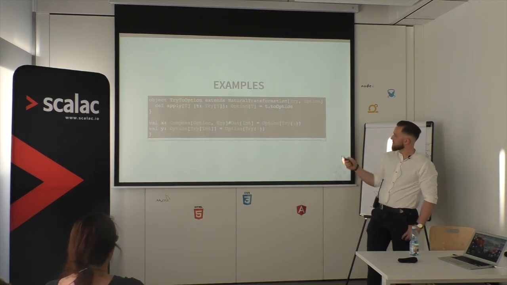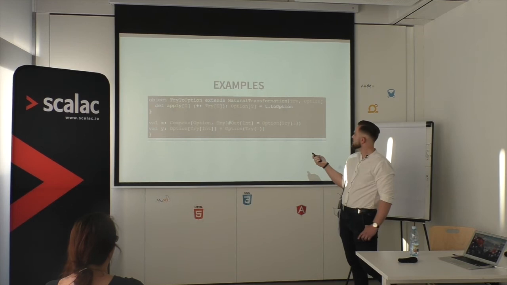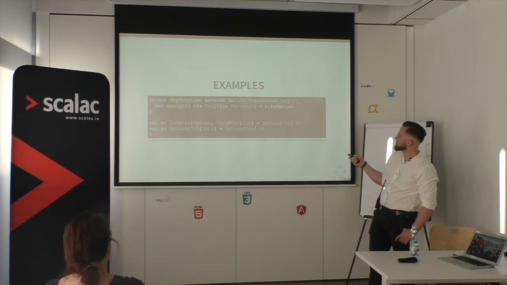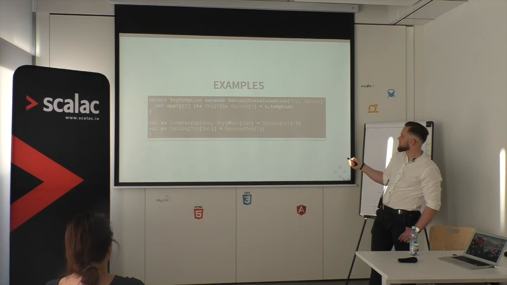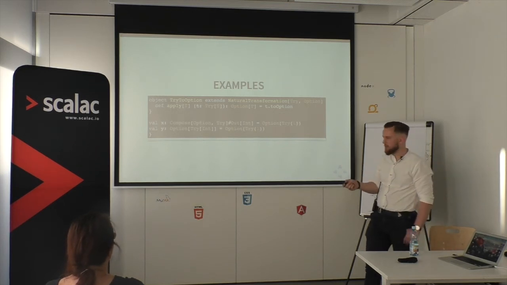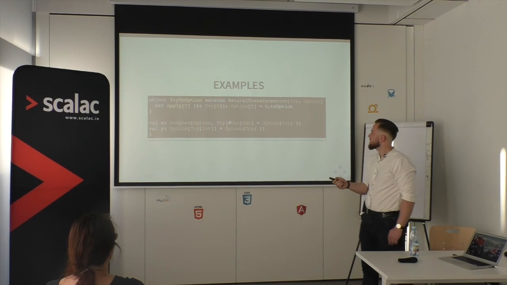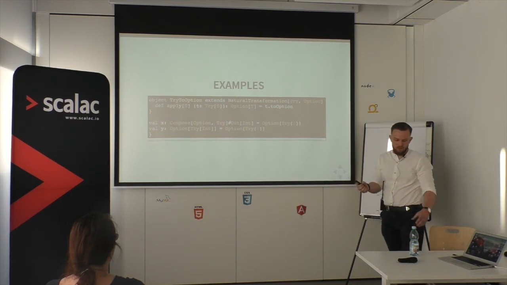So here we define this natural transformation from Try to Option that for any given type T, we take this instance of Try and we return the Option. This is a built-in method on Try, so the implementation is not here, but you can trust me, it works like that.